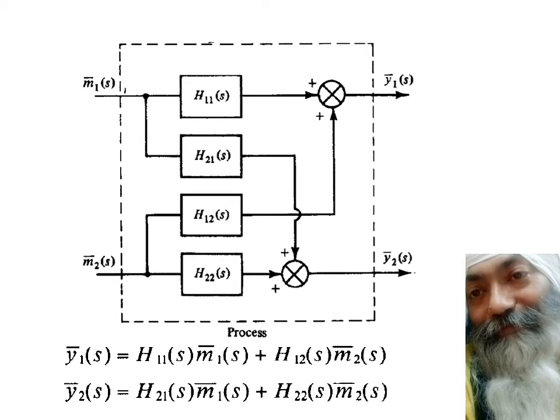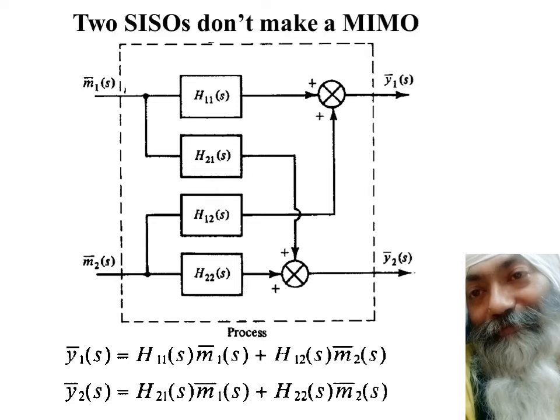This actually makes MIMO. In case we have two SISOs, these blocks will not be there. So that is the answer: two SISOs do not make a MIMO, because we have to have all these four blocks and just two blocks will not do.